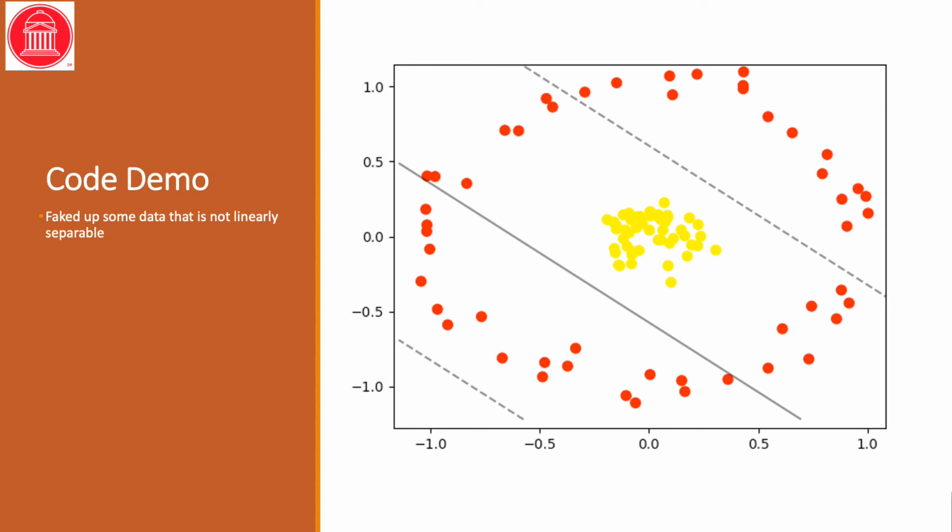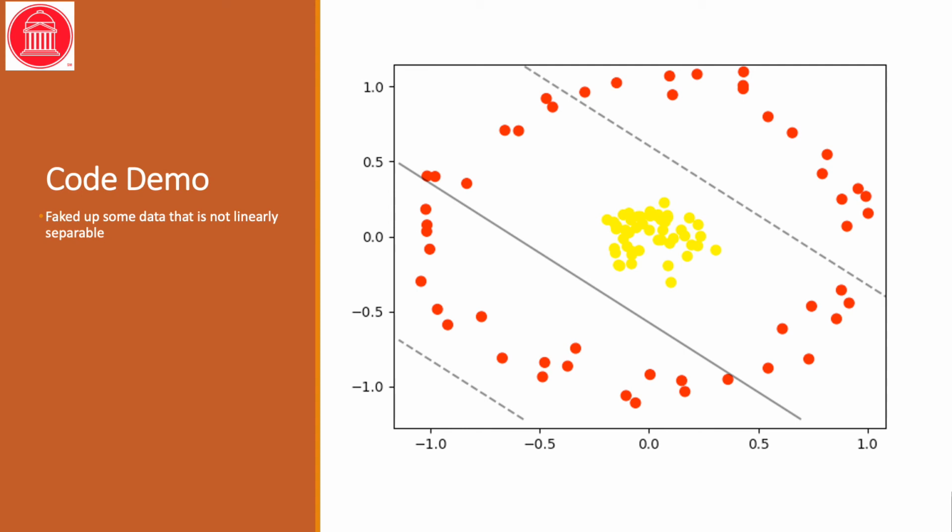Now, obviously, a linear classifier would not work well in this case, and I've highlighted that here. You can see we've got a hyperplane that basically takes up most of this 2D space. Even then, it's going to misclassify nearly everything. This obviously is not going to be a very accurate classifier, just visually.